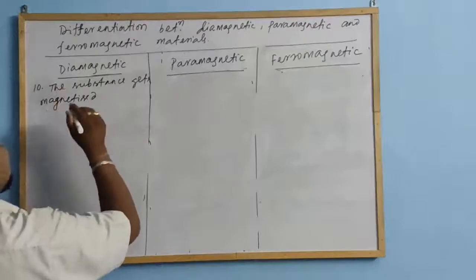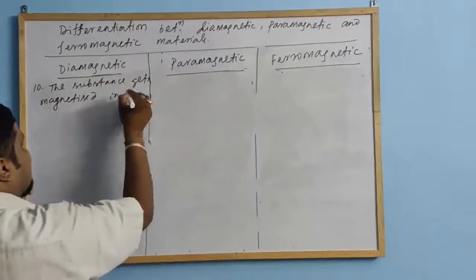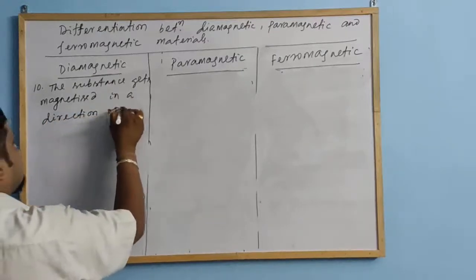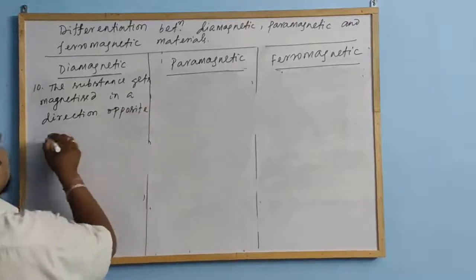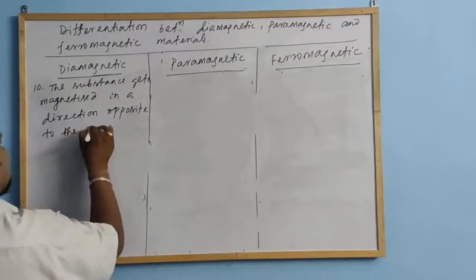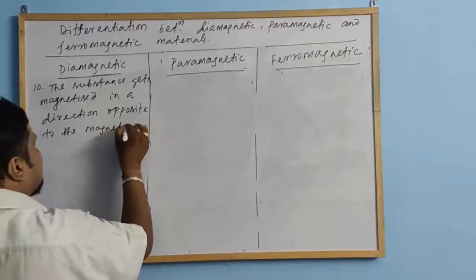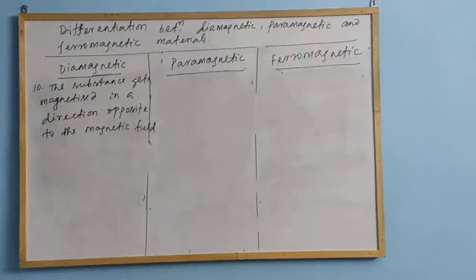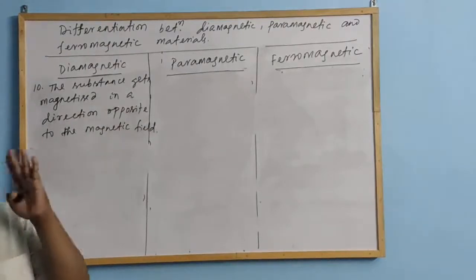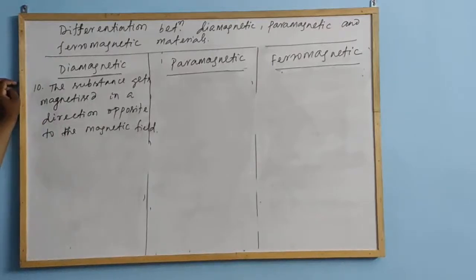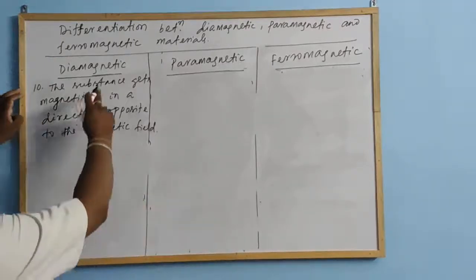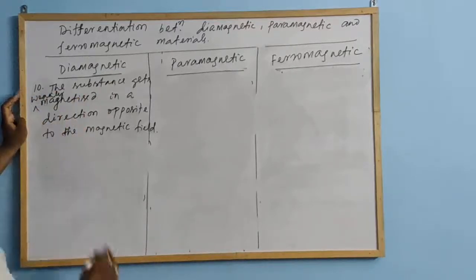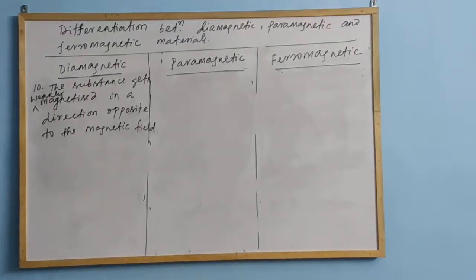The substance gets magnetized in a direction opposite to the magnetic field. Or you can write the substance gets weakly magnetized, because these are weakly repelled. So you can write weakly magnetized in a direction opposite to the magnetic field.